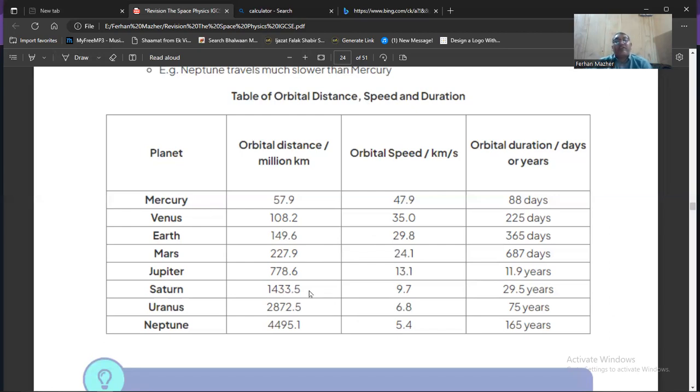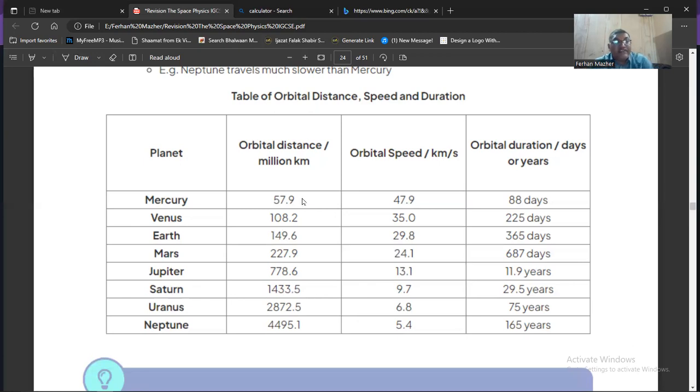Saturn's orbital distance is 1,433.5 million kilometers, its orbital speed is 9.7 kilometers per second, and its orbital duration is 29.5 years.